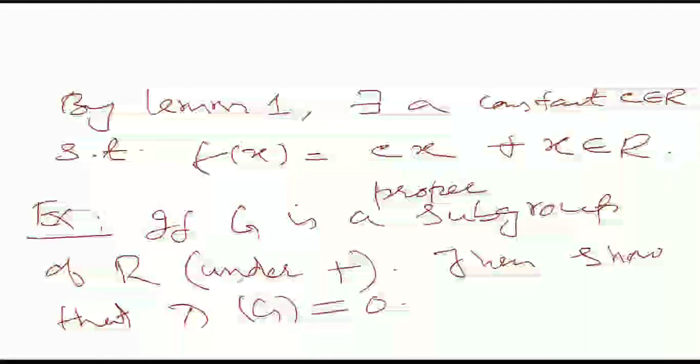So now the question arises, if it's countable, it's always a null set. If G is countable, suppose G may be Q, the set of rational numbers, the Lebesgue measure of that is always 0. But my question is, does there exist any uncountable subgroup of R? If it's true, then the Lebesgue measure of that set will be equal to 0.